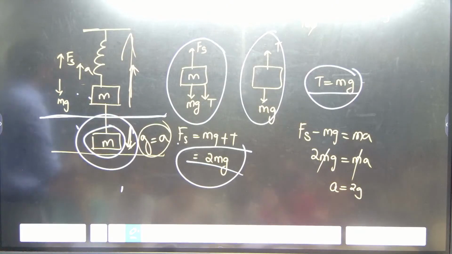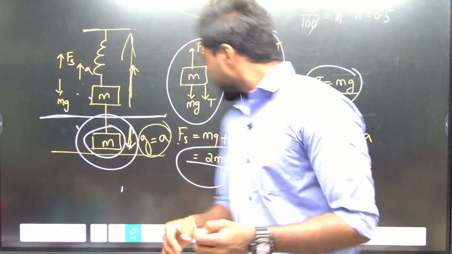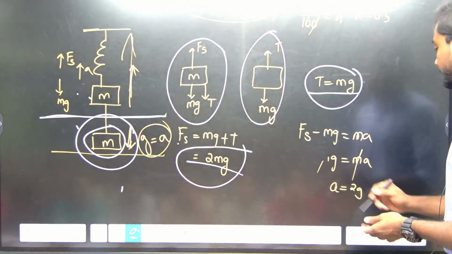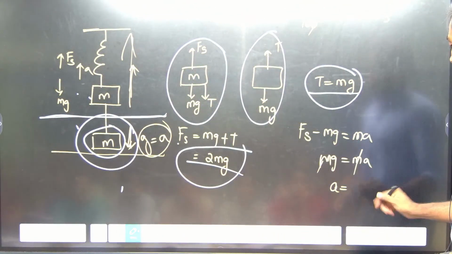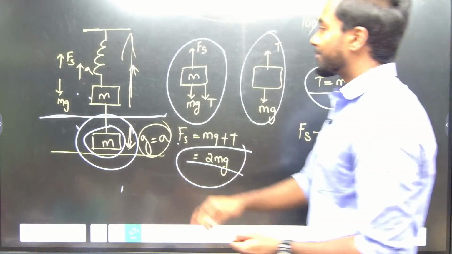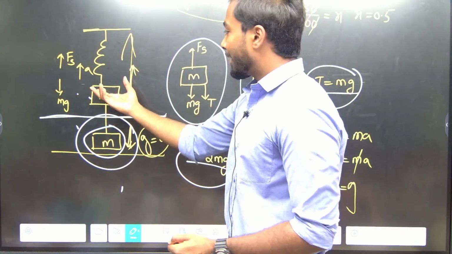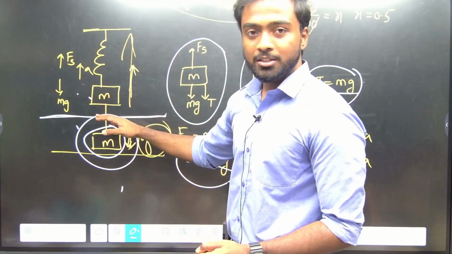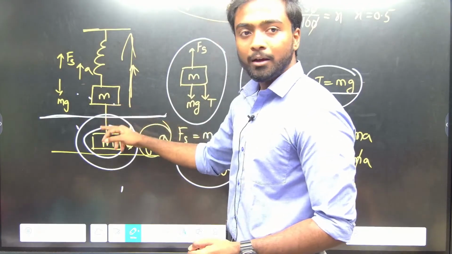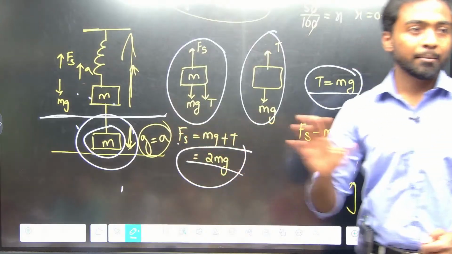I will explain once again, listen carefully. See, okay, so it will be g. So listen here. I have taken a spring first, attached a block here, so it will elongate. Now it is at rest. Again I have tied a rope here, and kept one more block, so everything is at rest now, in equilibrium condition.